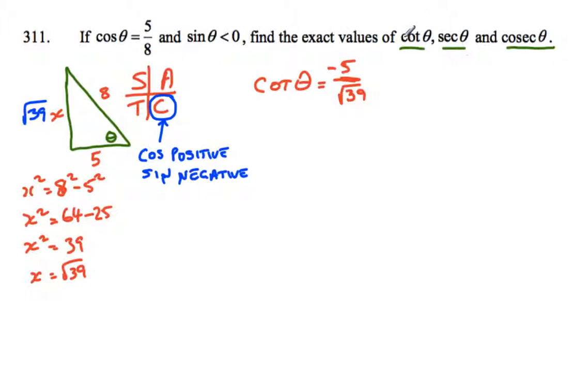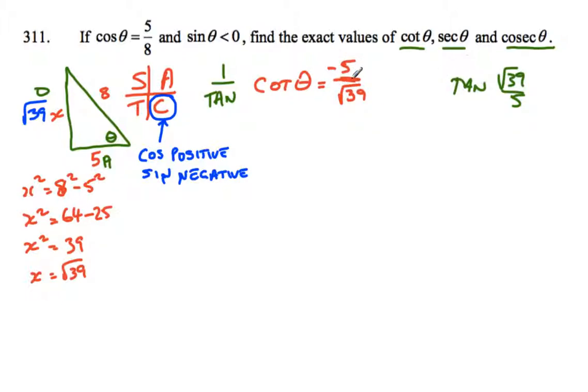So all we're doing for cot there, now do you remember what cot is? It's 1 on tan, or the upside down of whatever the tan ratio is. So you're looking at theta here. Tan would be opposite over adjacent, so we're talking root 39 on 5 for tan, so cot will be the upside down of that.